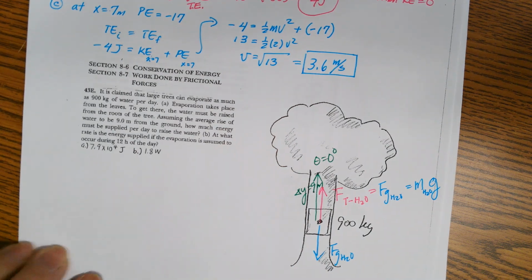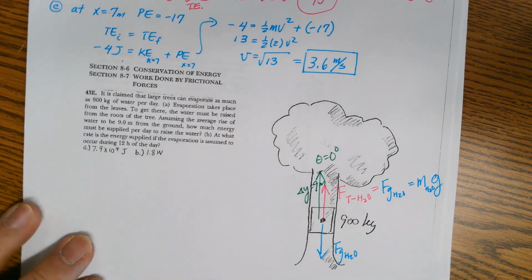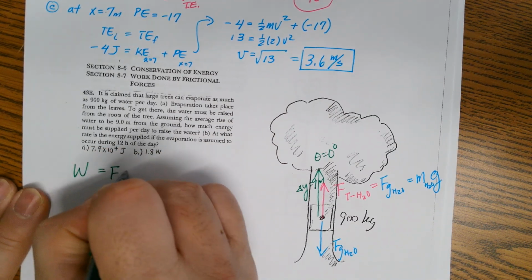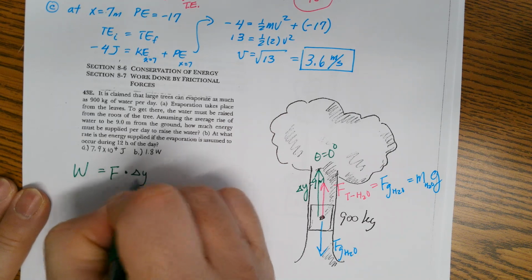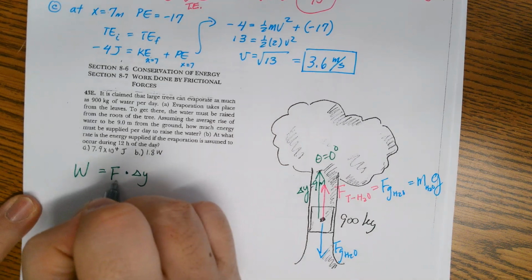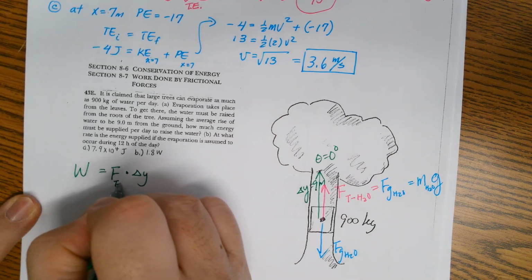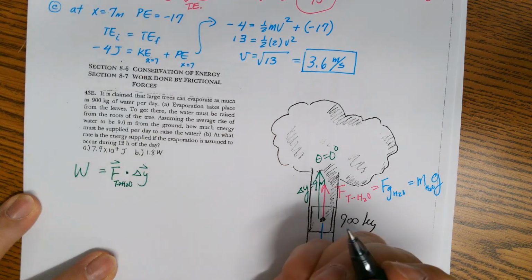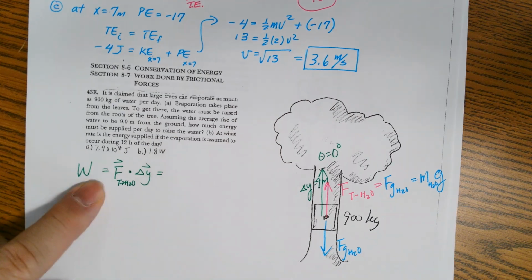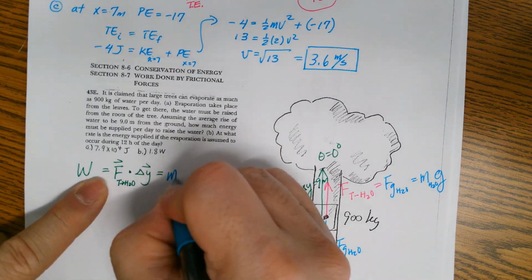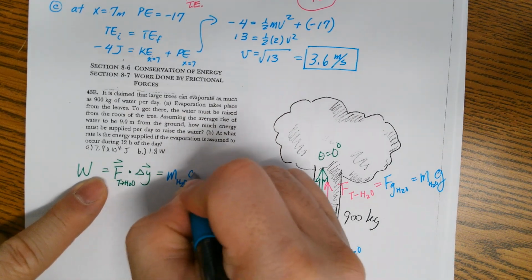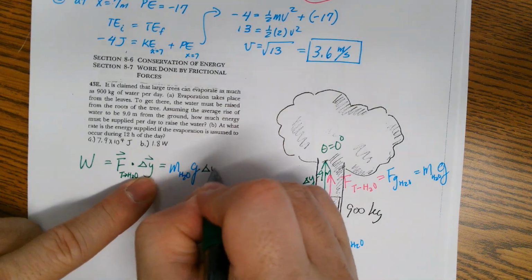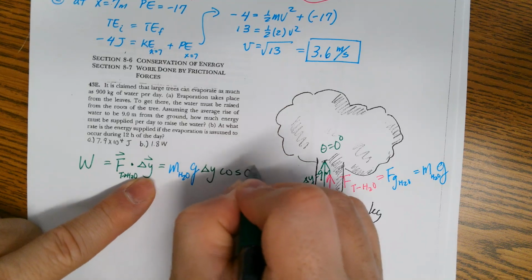All right. So how much work is being done? Well, we know work is equal to F dot delta y. But in our case, it's F tree on water dot delta y. So we know that this, we already said, is equal to m H2O g times delta y times cosine of 0 degrees.